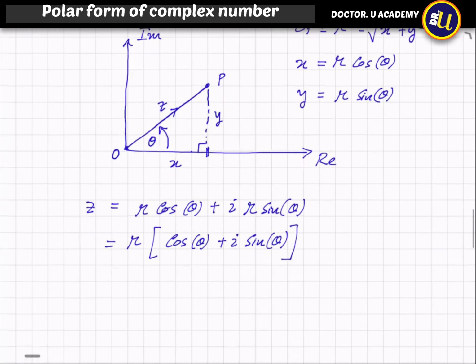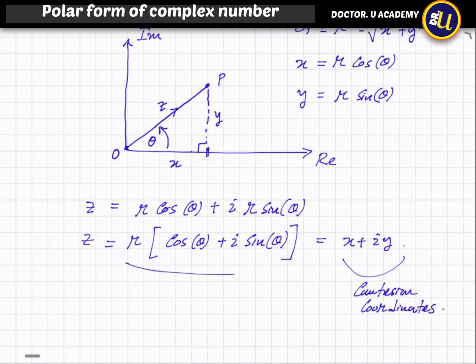Now you can see originally we had x plus iy. We have the complex number in Cartesian coordinates.